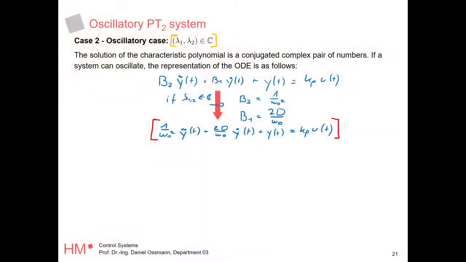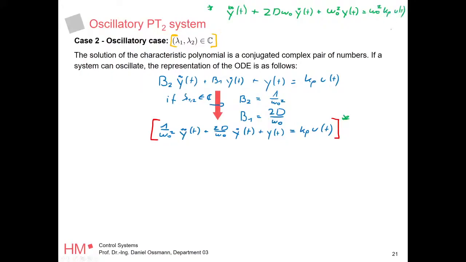Okay, one side note, because we'll need to use that also, is you can rewrite this equation, obviously, right? You can say y double dot of t plus 2d times omega 0 y dot of t plus omega 0 squared y of t is equal omega 0 squared times kp u of t, right?